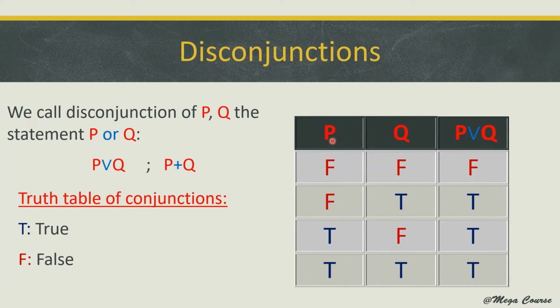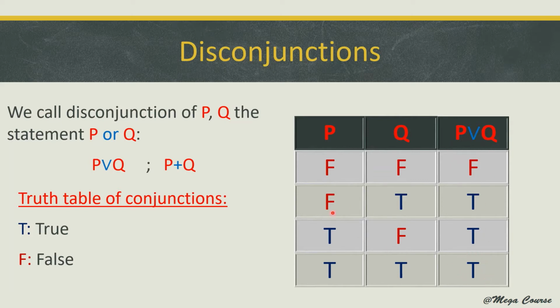When P is false and Q is true, the disjunction P or Q is true. Whenever P is true and Q is false, P or Q is true. Whenever both of them are true, the disjunction P or Q is also true.